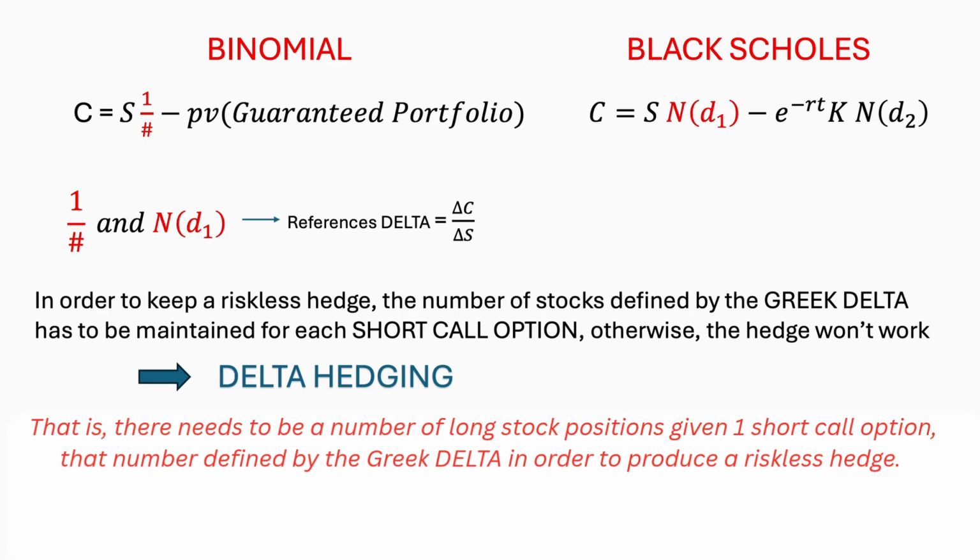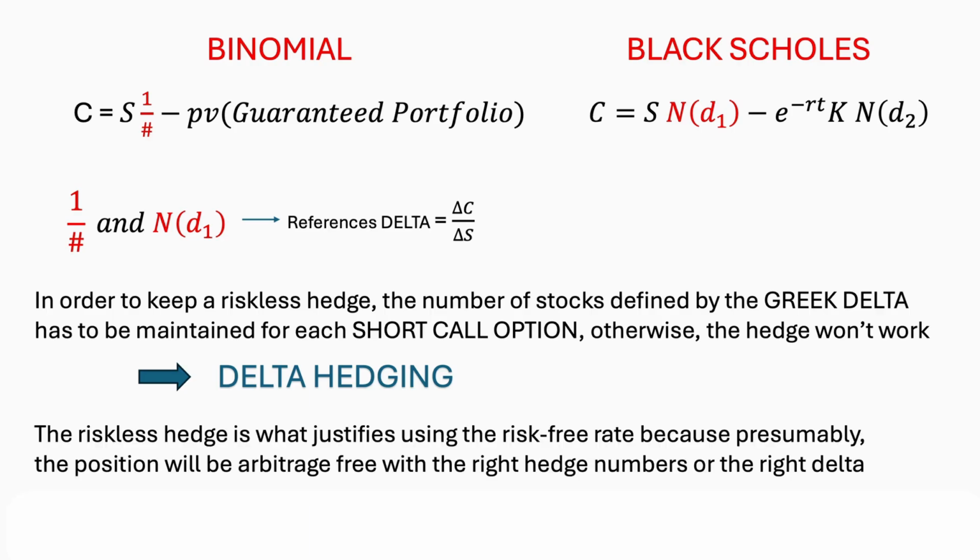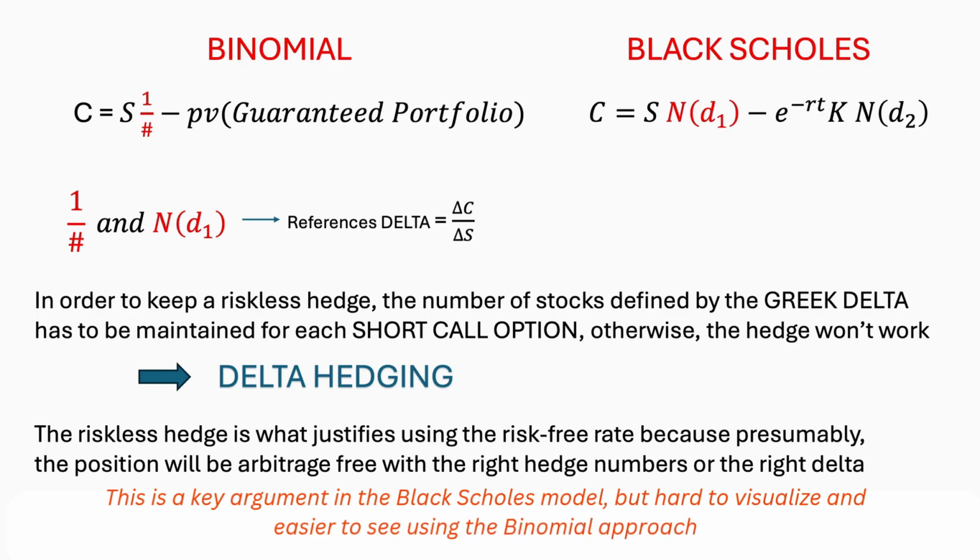When this delta hedge is achieved, the position is supposedly completely hedged, and because it is supposedly guaranteed, as discussed before in our binomial example as an analog, we can use the risk-free rate of return for discounting. This was actually key in the Black-Scholes model, but it's a bit hard to see this intuition there, though it becomes evidently clear when discussed via the binomial model instead, as we have done a while ago.